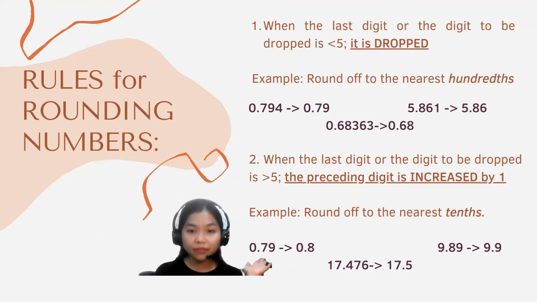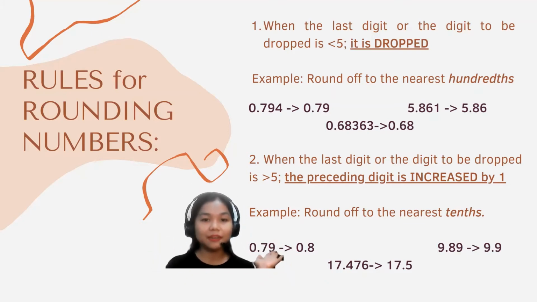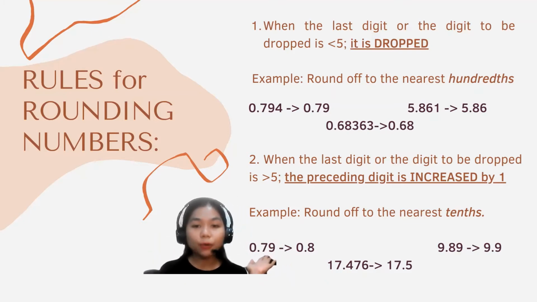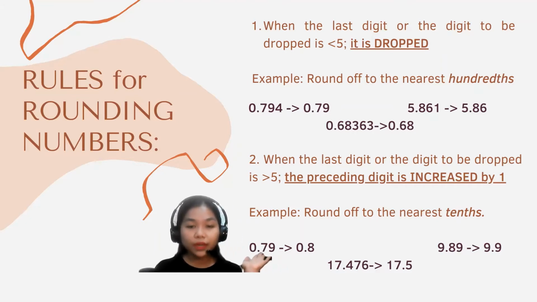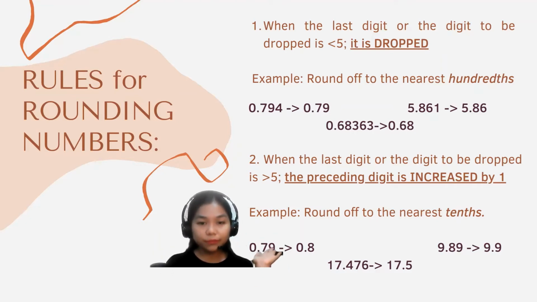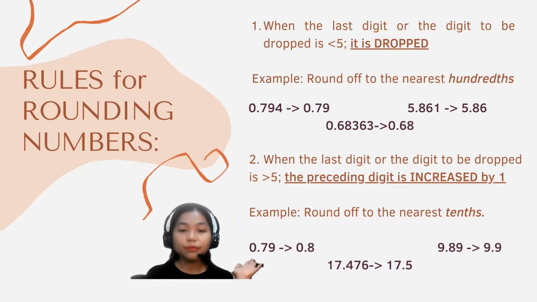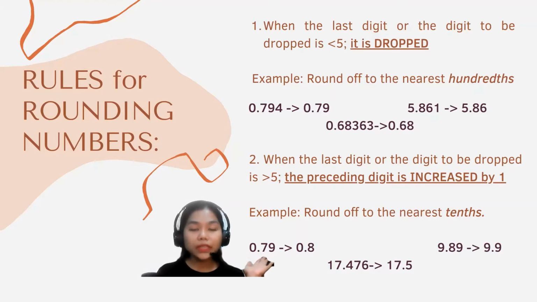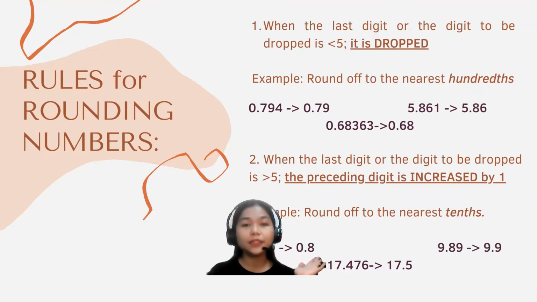Because 0.7 plus 0.09 is 0.79. Told you earlier, that's how to read place values. It's 1 over 10, and for the place value of 9, 1 over 100. So rounding 0.79 to the nearest tenths, the answer is, yes, you're right, it's 0.8.